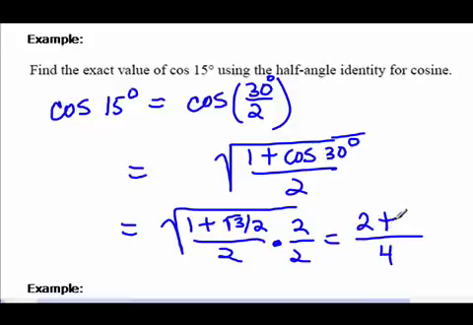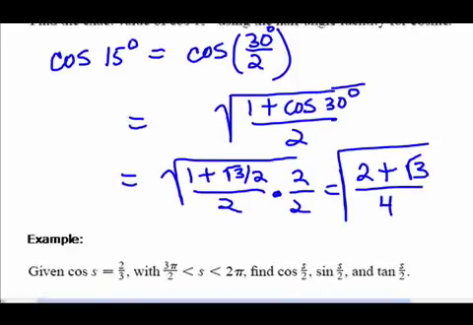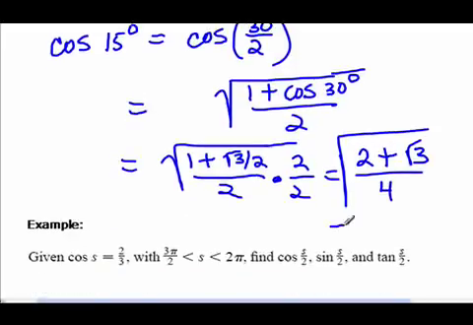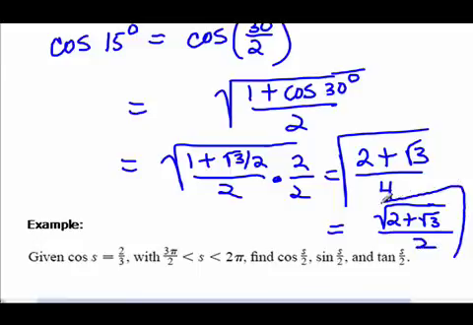That gives me a 2 plus root 3. Now it's the square root of all of that. And now we can take the square root of the top and the square root of the bottom. So we have the square root of 2 plus the square root of 3. Yeah, you got a radical within the radical. But on the bottom, square root of 4 becomes 2. So right there's the cosine of 15 degrees in exact form: square root of 2 plus root 3, all over 2.